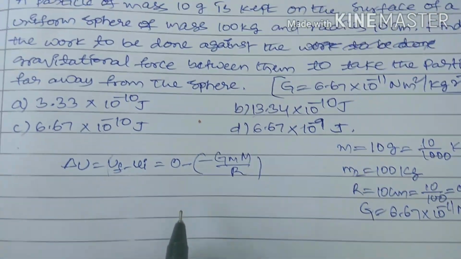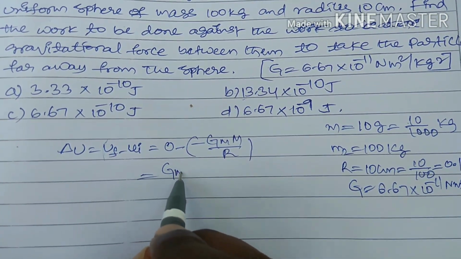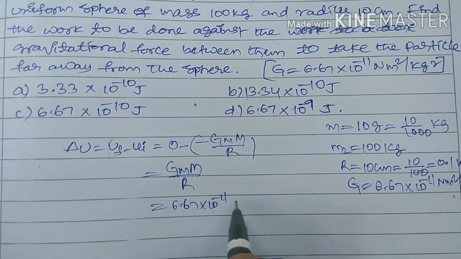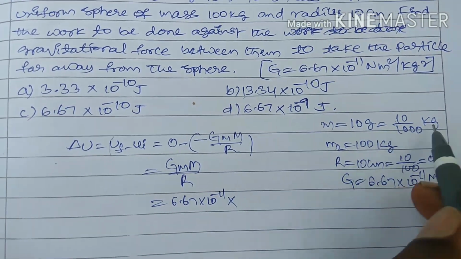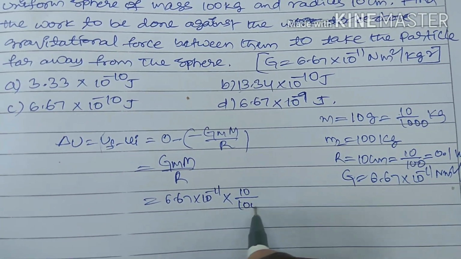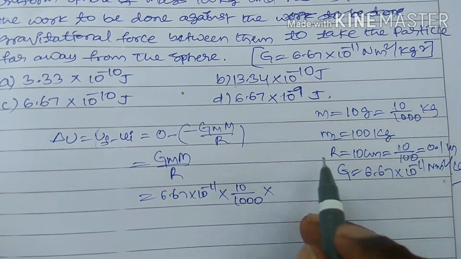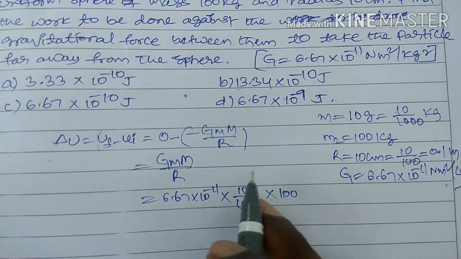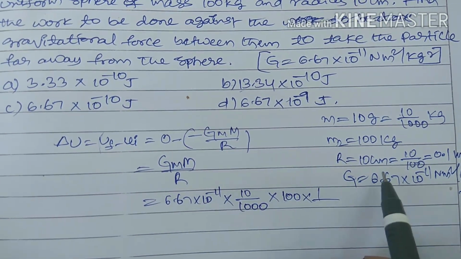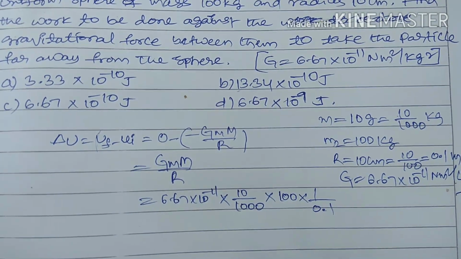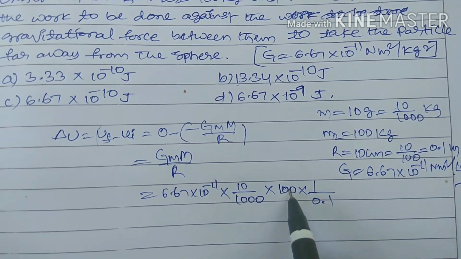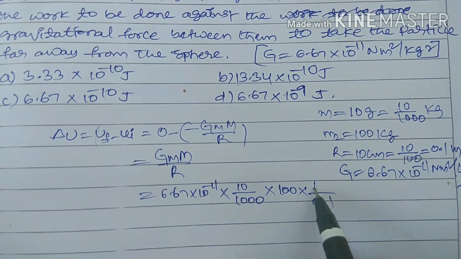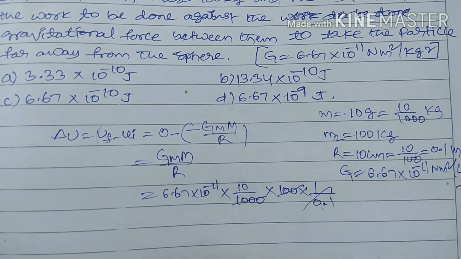So just simply you have to write it is equal to GMm by R. Then 6.67 into 10 to the power minus 11, into small m, which stands for 10 by 1000, into capital M, that is 100 kg, by R, which is 0.1. The 0.1 moves upward, then it is 10 into 100, that is 1000, and 1000 will be cancelled out.